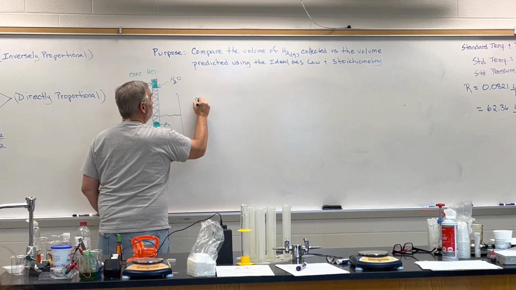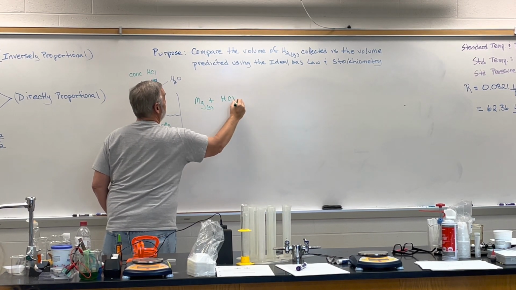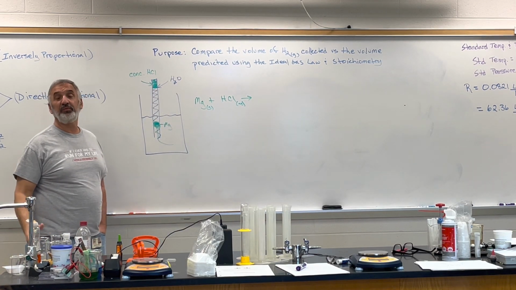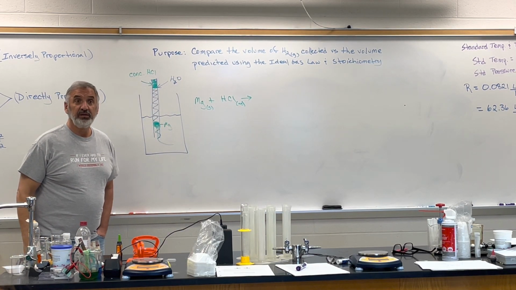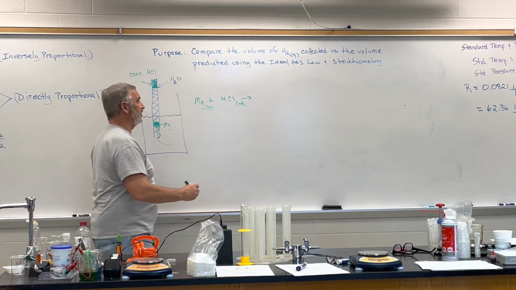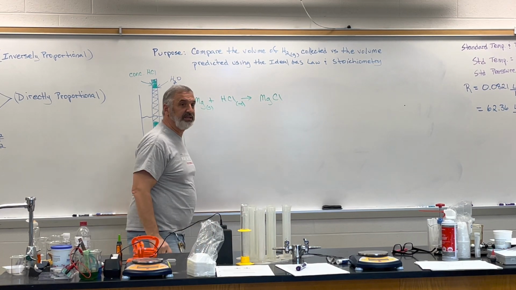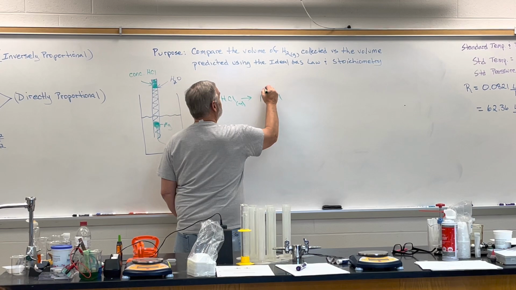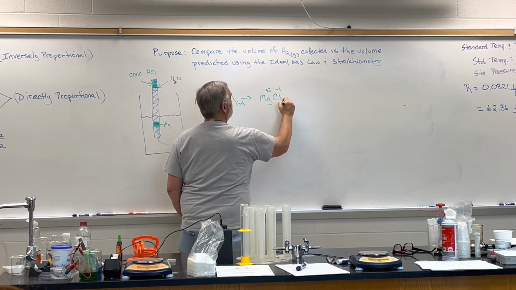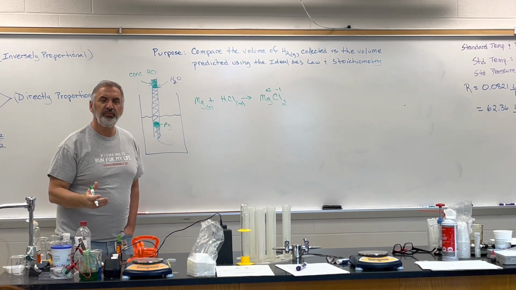So the magnesium combined with the HCl, what did it make? Well, what's the formula? Magnesium chloride, but when we write the formula, what do we always balance? Charges. So what's the charge on magnesium? What's the charge on chloride? So the formula is? And what did we observe with the magnesium?